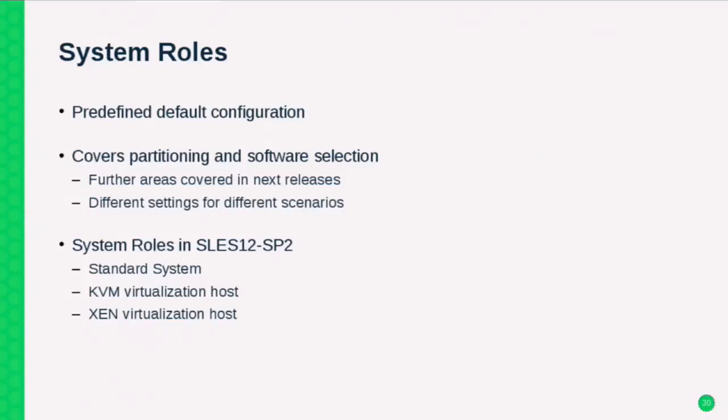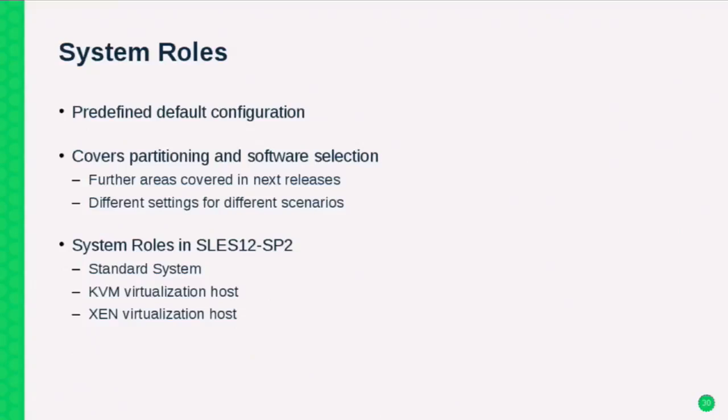So there are roles like standard system or VM host, and based on that you have different settings. In the future, there will be more parts of configuration covered, besides software selection and partitioning. It's a new feature.